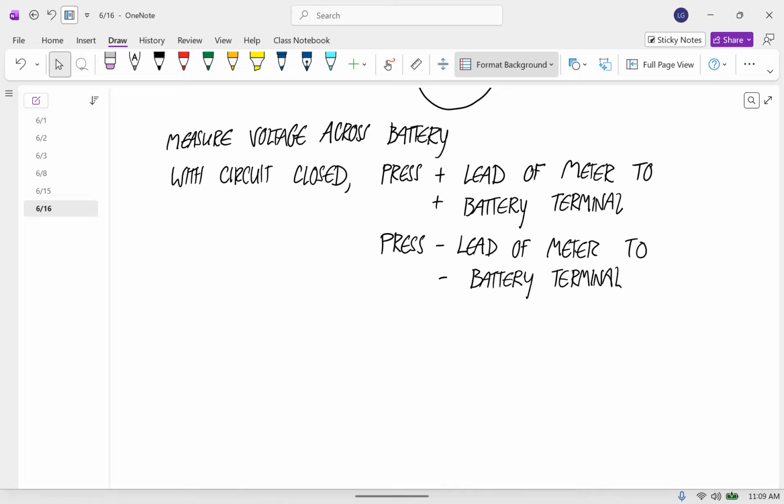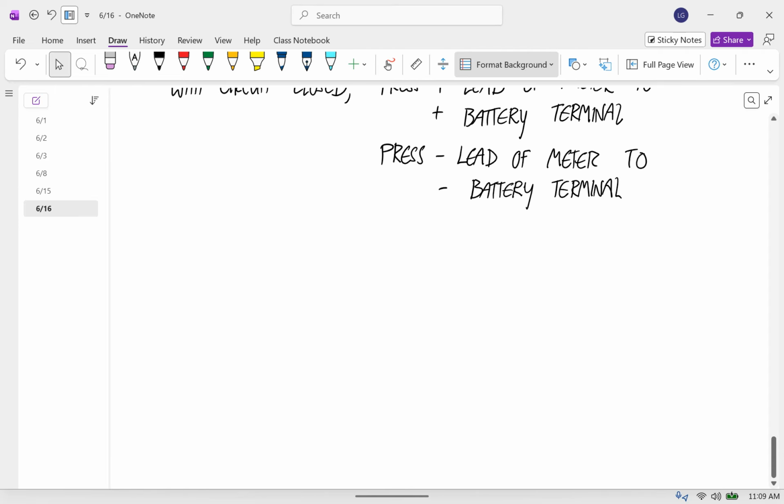And now turn your meters off for a second, and let's do the calculation. Now that we know the voltage of the battery when it's in this circuit, and we know the resistance of your resistor, let's do the circuit calculation.